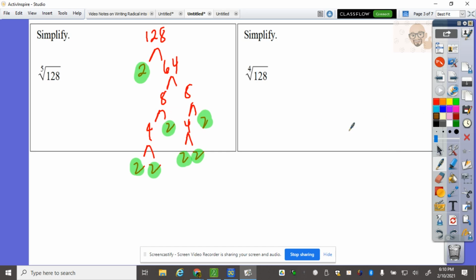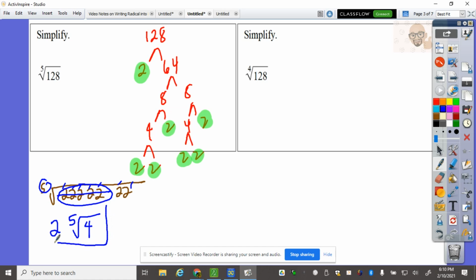So there should be 7 2s on a fifth root. Okay, this is a group of twos. In there are 5 of them because the index is 5. That will cross out and it will step out. The fifth root of 2 times 2 is going to be 4, and that's the answer.